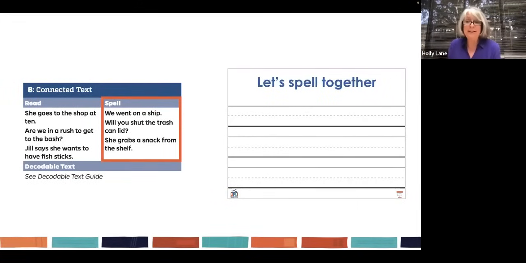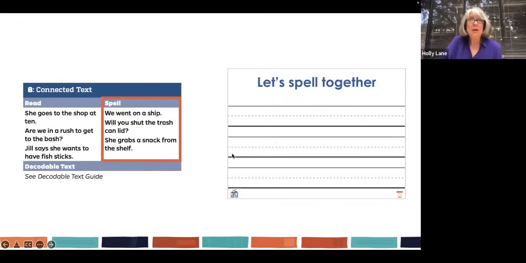We do include dictation on the spelling measures, the progress monitoring measures that we'll talk about in the next webinar. But for this, you are dictating a sentence, but then you're guiding your students in spelling each word. So the idea here is that you will try to get through as many of the sentences as you can, at least one sentence, but try to get through at least two if you can.